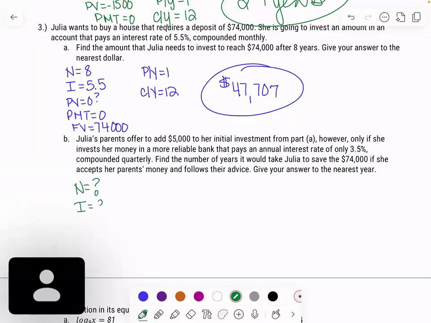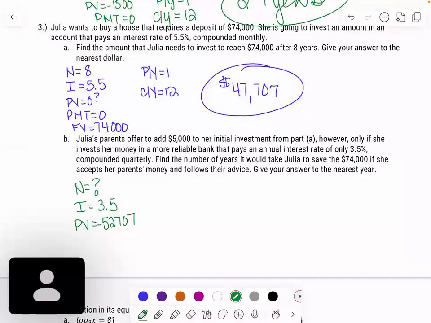Now the interest rate would be 3.5. The present value, because she needed to invest $4,707 of her own money, but her parents are going to add $5,000 to that. That's $52,707.